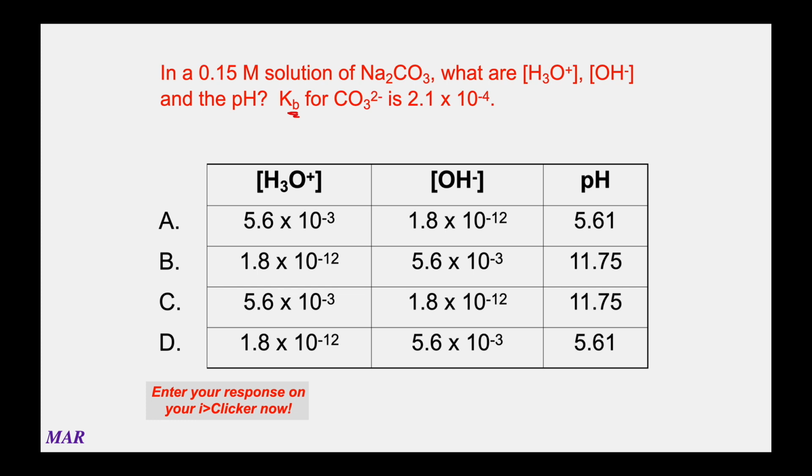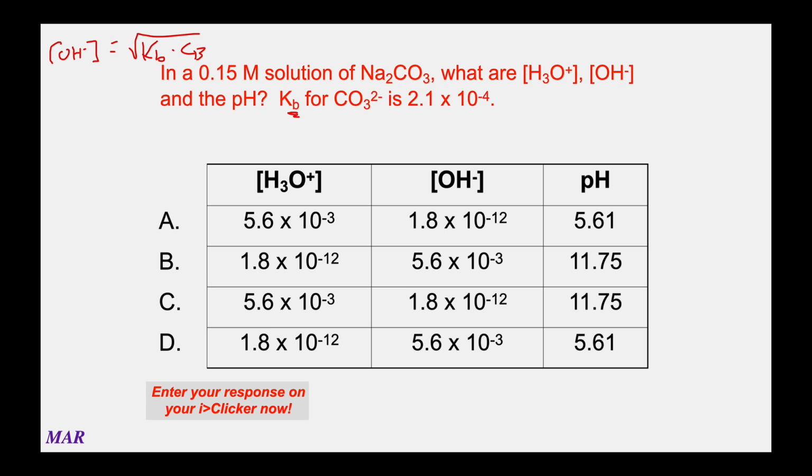The Kb value there, 2.1 times 10 to the minus 4, isn't the smallest one. However, 100 times Kb would be 2.1 times 10 to the minus 2, and that number is less than 0.15, the Cb. So like we did in the last problem, the hydroxide ion concentration is going to equal square root Kb times Cb, and that's how you could find the hydroxide value there.